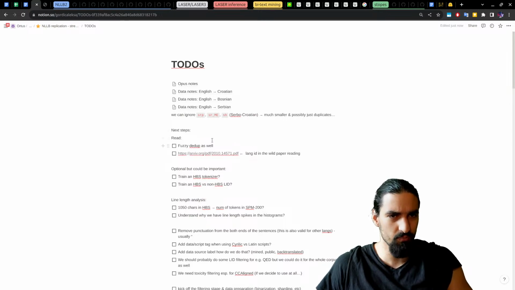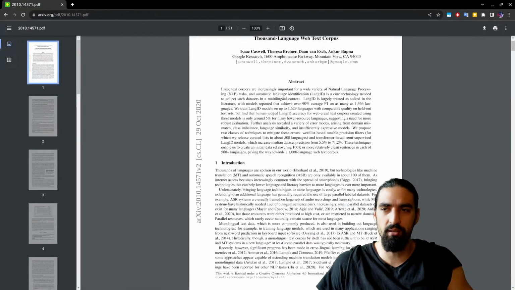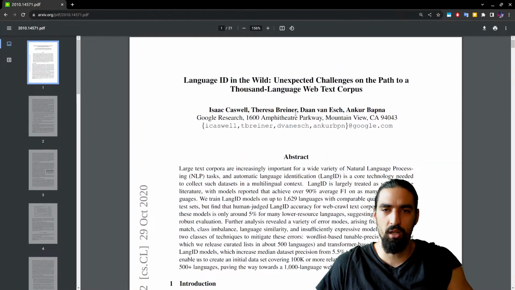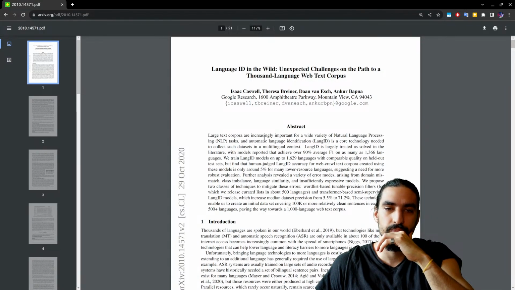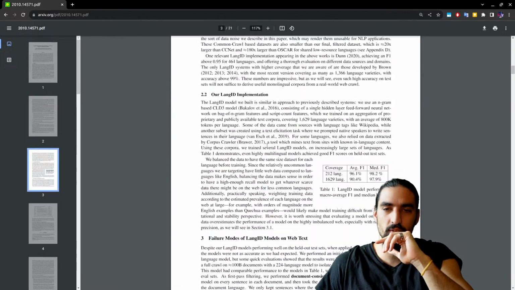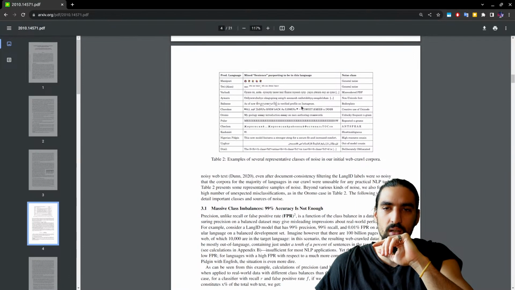Okay, so should we do the paper reading first or fuzzy dedup? I think, let me see. This is the paper that I want to check out, just skimming it. It's from Google back in 2020, about some of the challenges of doing language identification in the wild.